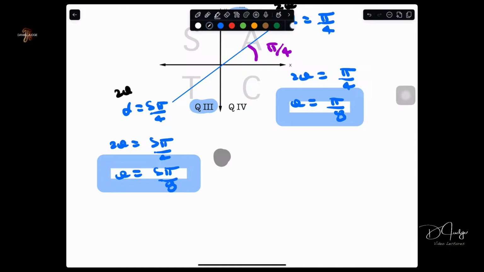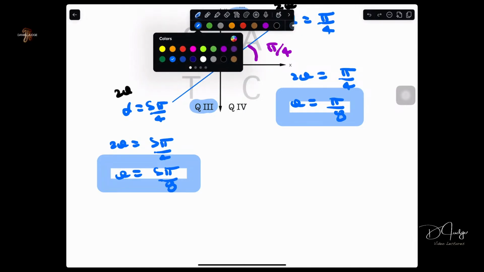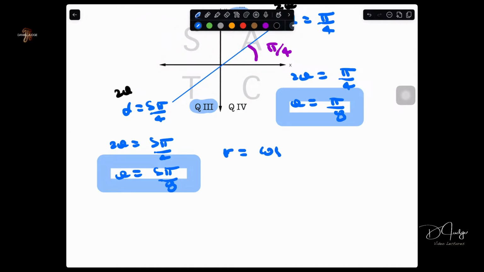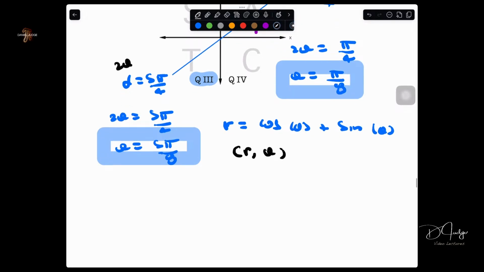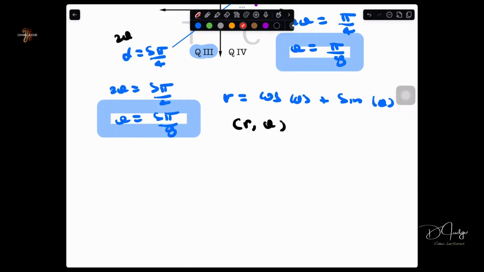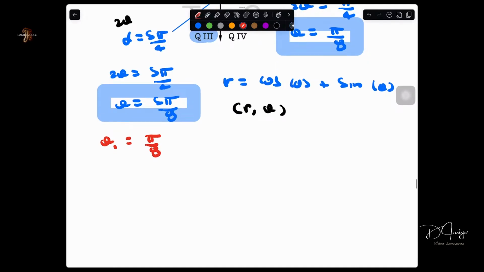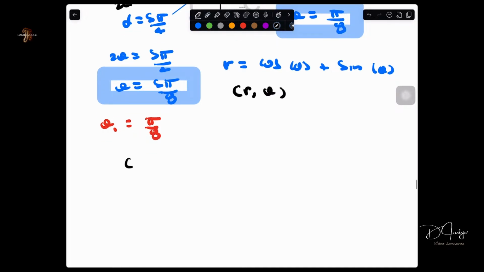But your r is cosine theta plus sine theta. So when they say points, they just want the polar coordinate points. So I'm going to do the same thing as I did earlier. Your first solution of pi over 8, what that means is the polar version is cosine pi over 8 plus sine pi over 8, angle pi over 8.